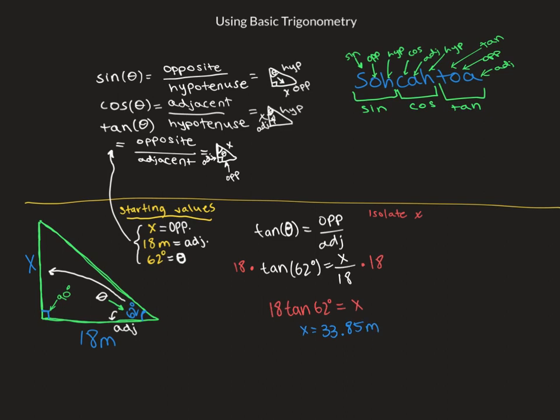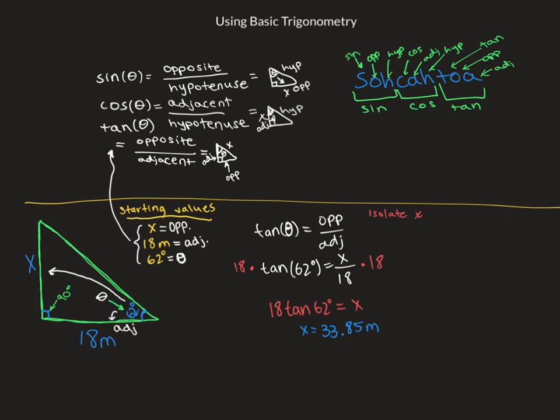So just to review, our first step was to list our starting values and how they are represented according to our theta. So our theta was 62 degrees, and 18 meters was adjacent to theta, and x was opposite of theta.